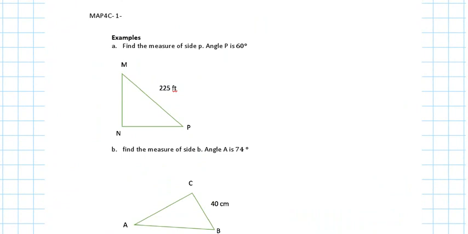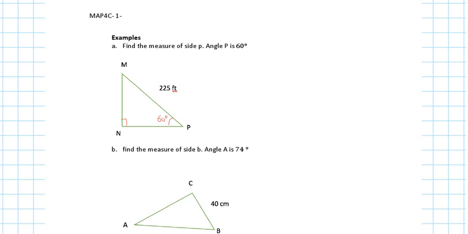So this is your right angle triangle. Find the measure of side P, given that angle P is 60 degrees. So angle P is 60, so your angle P is down here. Where's side P? The opposite, which is MN.